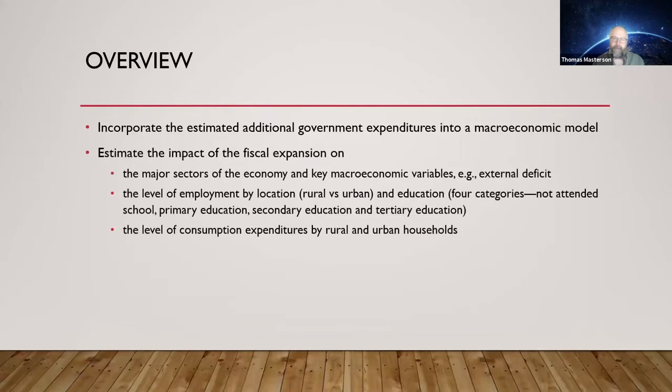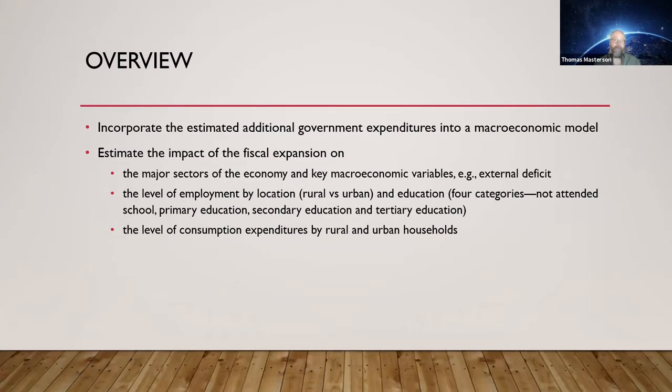So that's what we're going to do today. There's a fiscal expansion, so we want to see what happens to major sectors of the economy and key macro variables, for example, external deficit, but also government deficit, employment, all this kind of thing. So the level of employment by location, rural versus urban, and education.